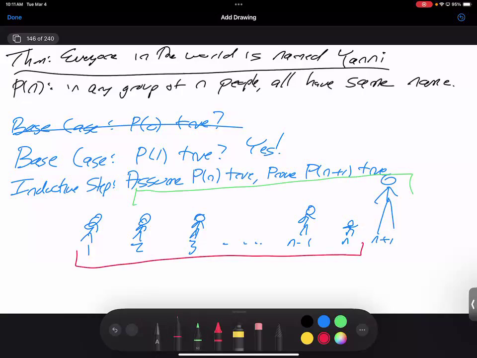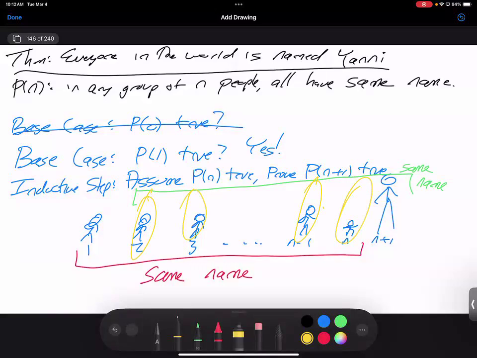What can you tell me about the first group of n people? Same name. What can you tell me about the group of the last n people? But look, I've got all these people in common.